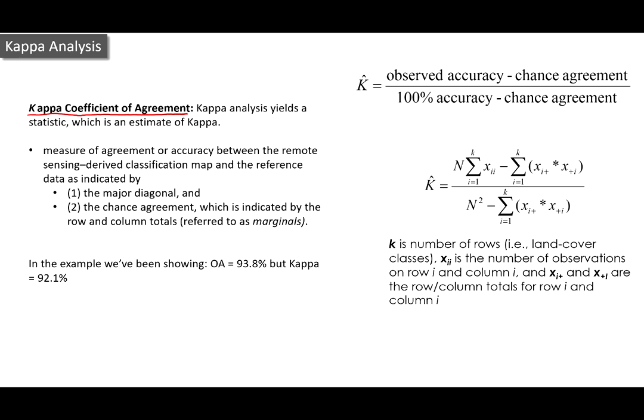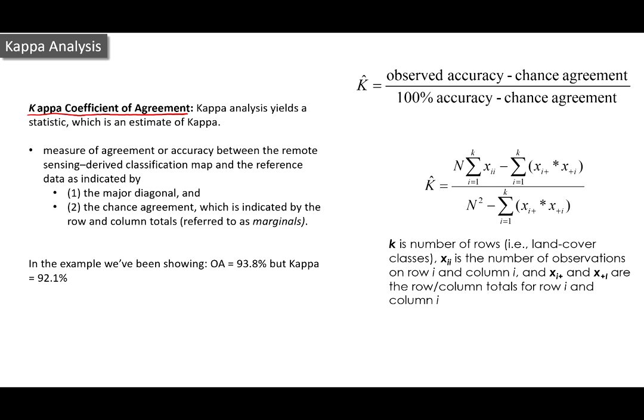The more classes that you have, the closer the kappa number comes to overall accuracy, because you couldn't do that well classifying 40 classes by random chance. So most of your accuracy would therefore come from actual skill or information or algorithmic efficiency.